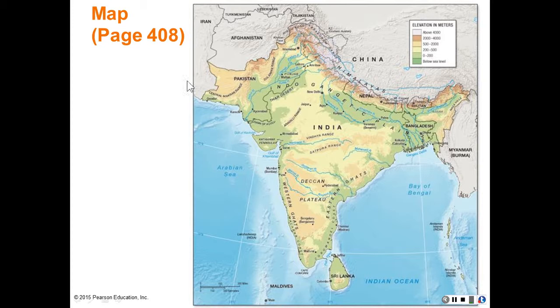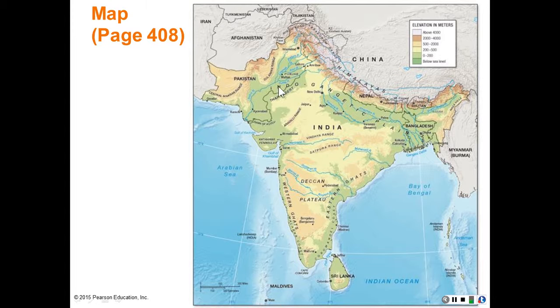We have a desert region, rather arid region in Pakistan. In spite of the wet, dry monsoons, the western region of Pakistan in particular receives very little rainfall throughout the year.